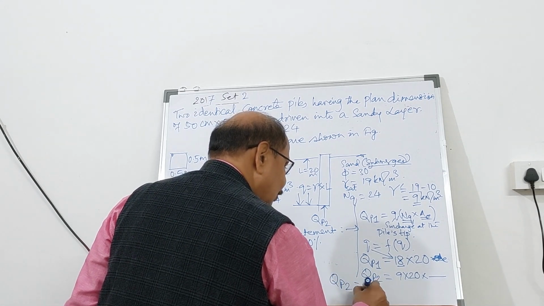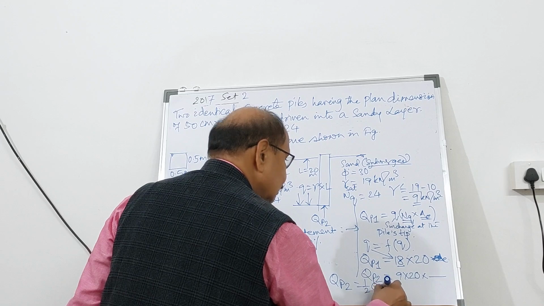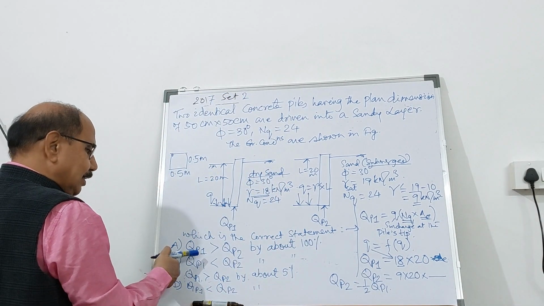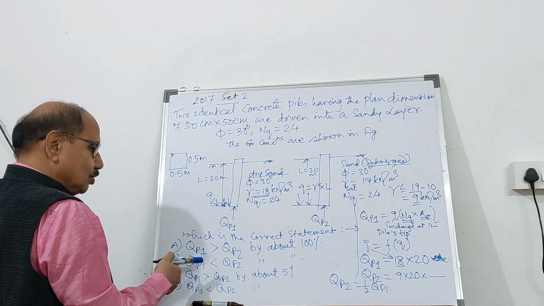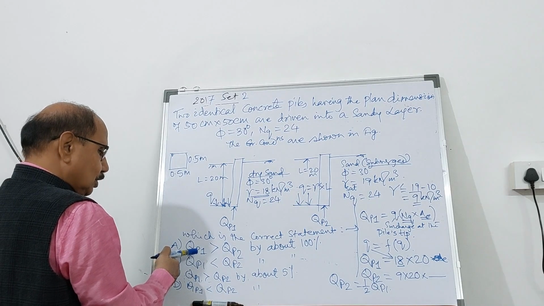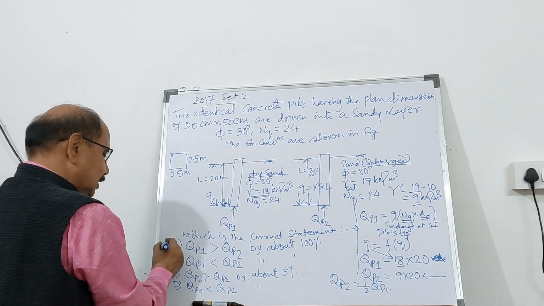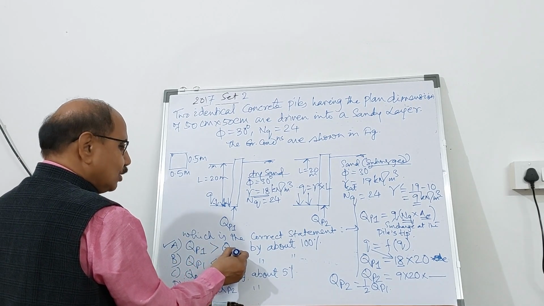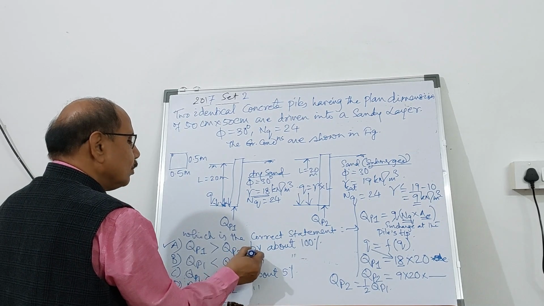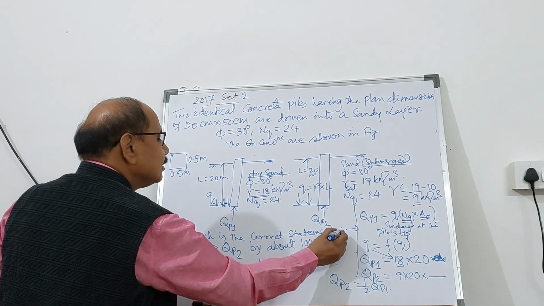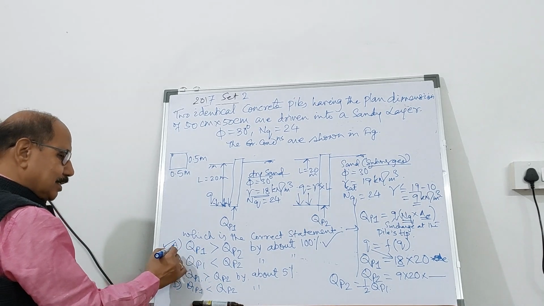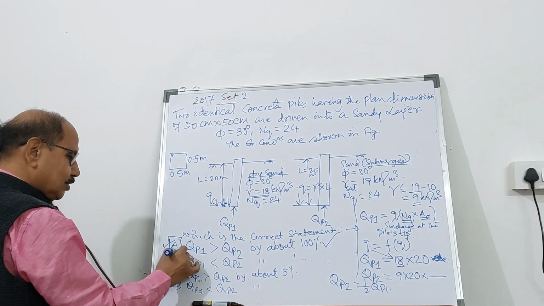Therefore, QP1 is 2 times QP2. Therefore, this statement, QP1 is greater than QP2 by about 100%, is the correct answer. So the correct answer here is A. So this is the answer.